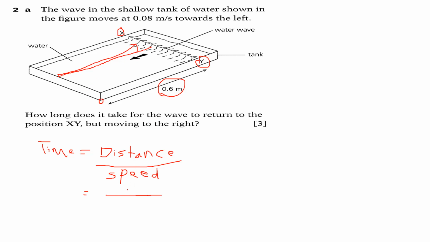So here the distance will be 0.6 times 2 over the speed. The speed is already given here, 0.08. If you solve it, the answer will be 15. 15 what? 15 seconds.